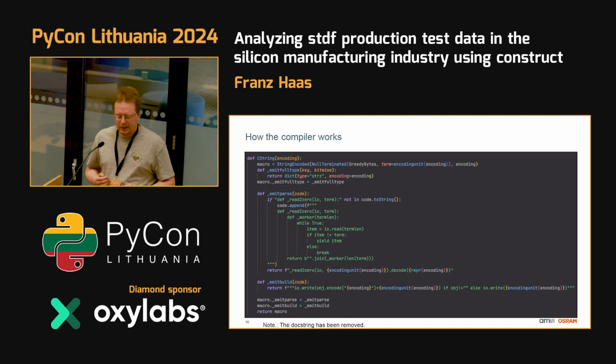That's the function. And then there's a line that is emitted whenever the construct library thinks it needs a C string parser, which just calls that function. It's not complicated. And if you have a better way to implement reading a C string, that's awesome. You just need to replace it here, and it spreads all over the place.